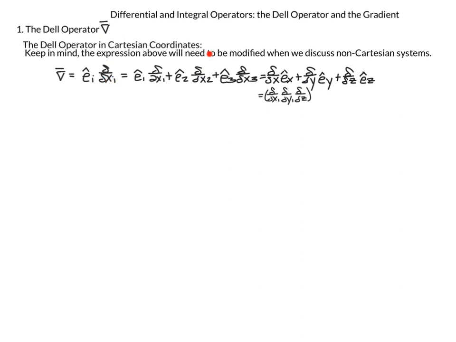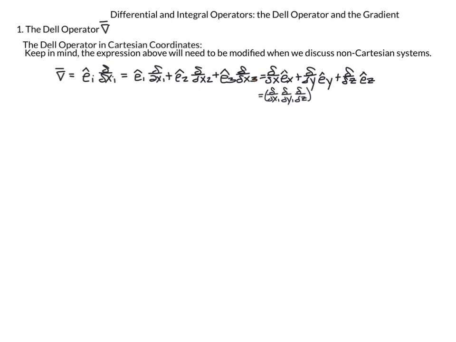So expanding the sum out, that would be the first basis vector times the partial derivative with respect to x1 plus the second basis vector times the partial derivative with respect to x2 plus the third basis vector times the partial derivative with respect to x3.